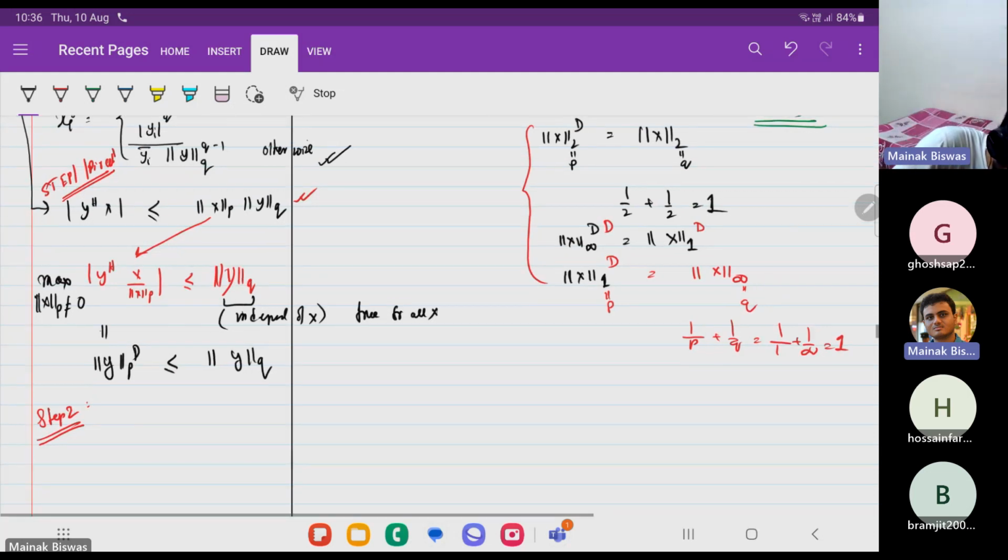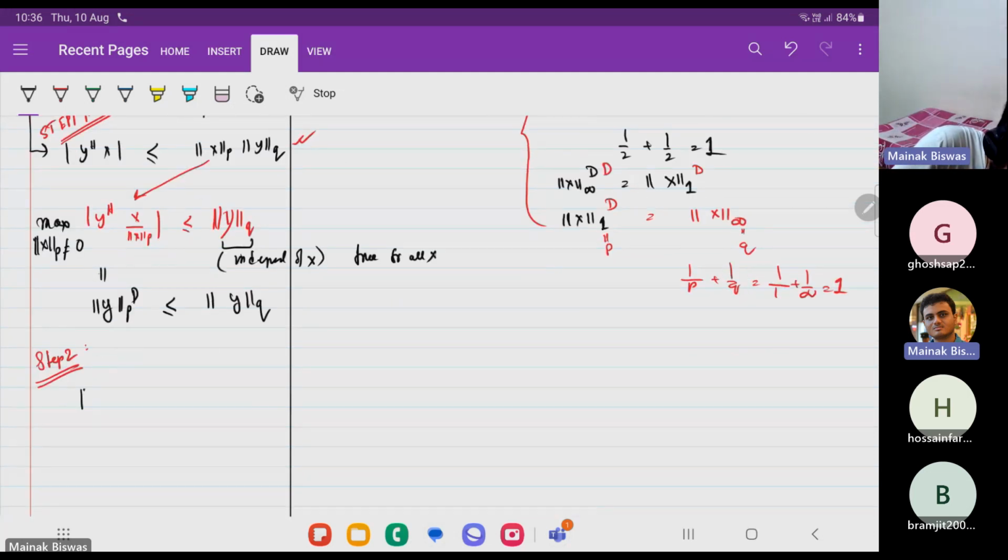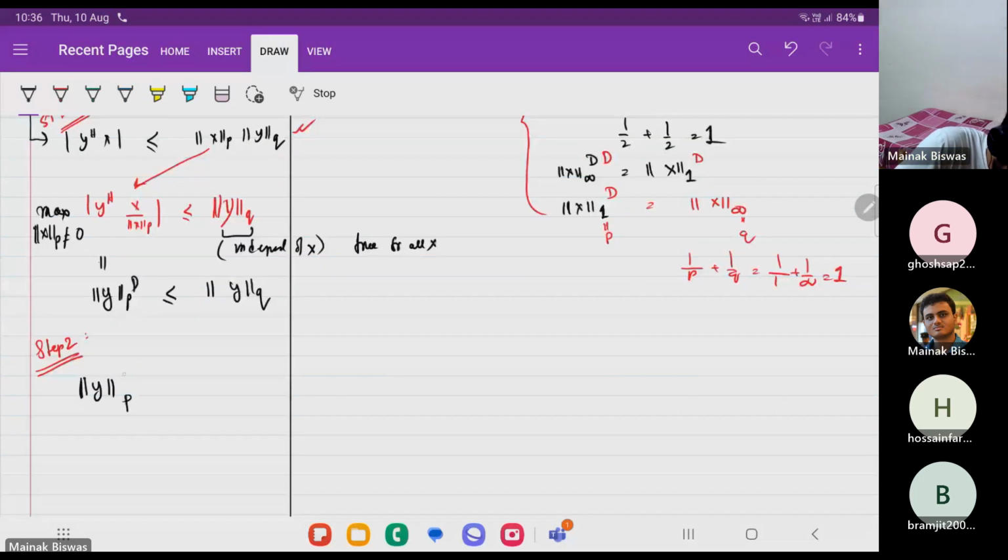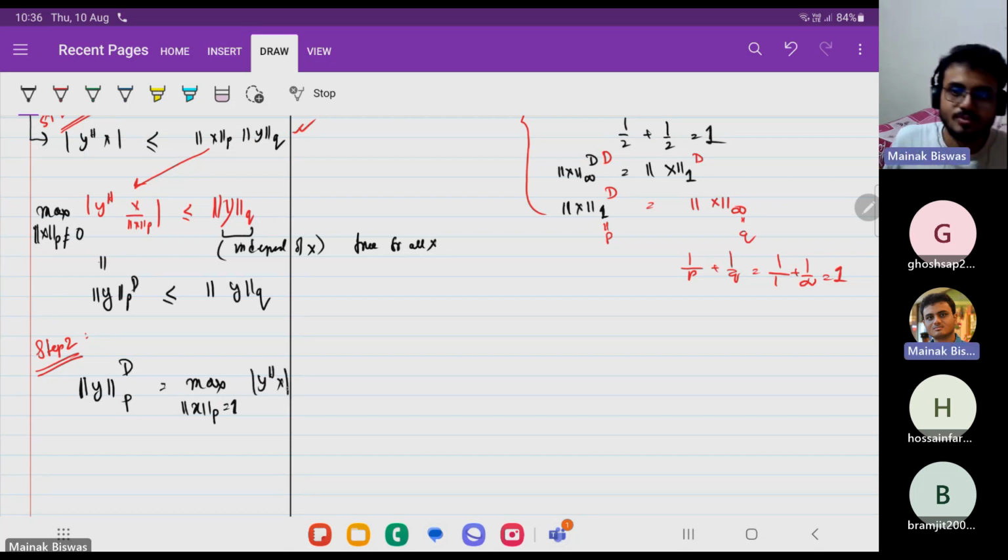So do you see that your y_p, or rather y_p dual, is defined as max of... yes or no? It's defined this way. Yes.